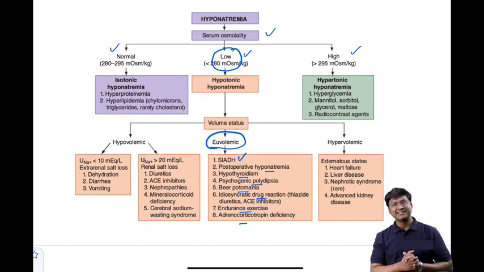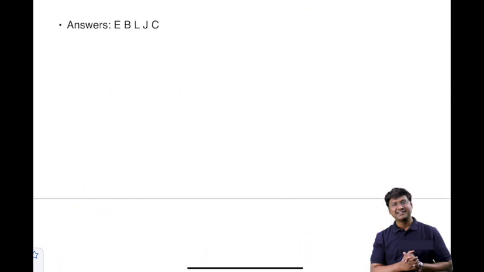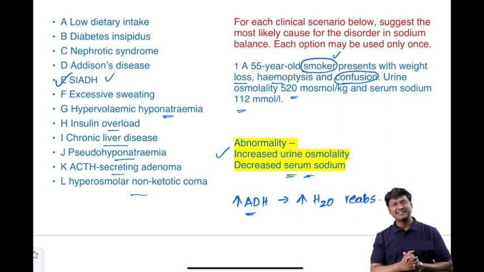Among the options given, we also have the ACTH secreting adenoma, but the diagnosis is very much suggestive of SIADH because you have an underlying etiology causing SIADH, that is small cell carcinoma of the lung. So the answer here is SIADH. In patients with SIADH, there will be euvolemic hyponatremia, increased urine osmolality and decreased serum sodium.